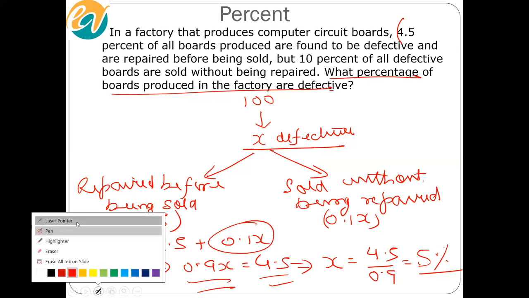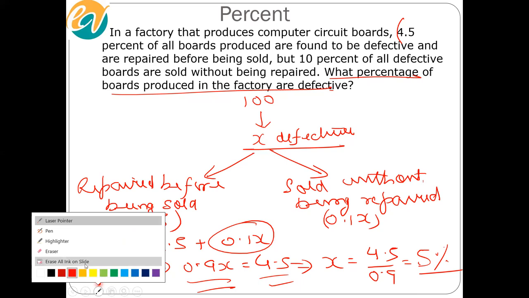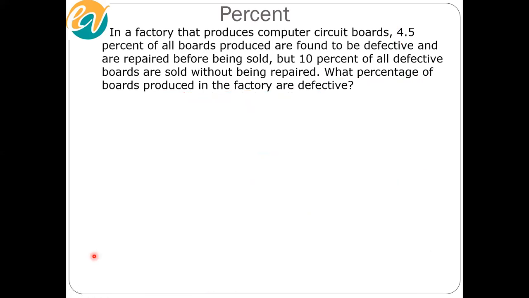So X, by the way, we assumed as the number of defective boards, but since this is out of a total of 100, the value of X that we get ultimately also represents the percentage. So 5% of all the boards produced in the factory are defective. Are we clear?